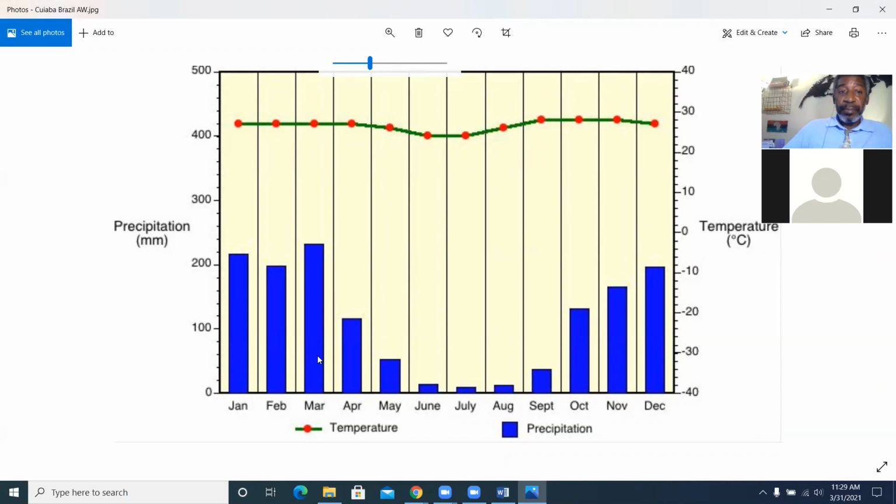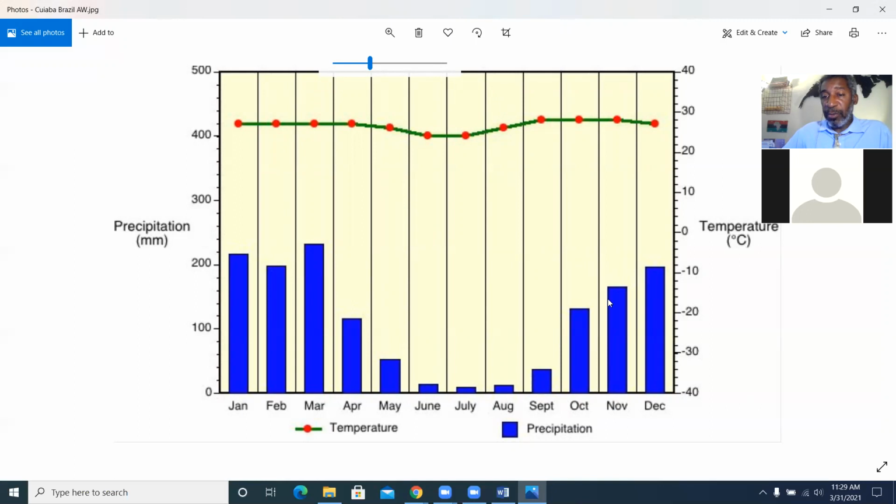If you notice, for Cuiabá, Brazil, the precipitation amounts for January, February, and March are pretty substantial. So we have 200 millimeters, maybe a little over 200 millimeters. That translates into a little bit less than 10 inches of precipitation for each of these months during the winter.